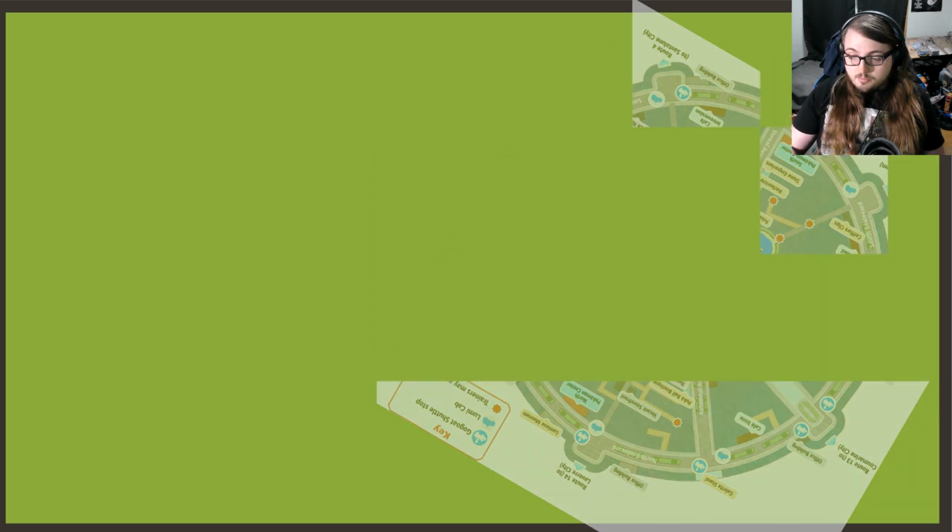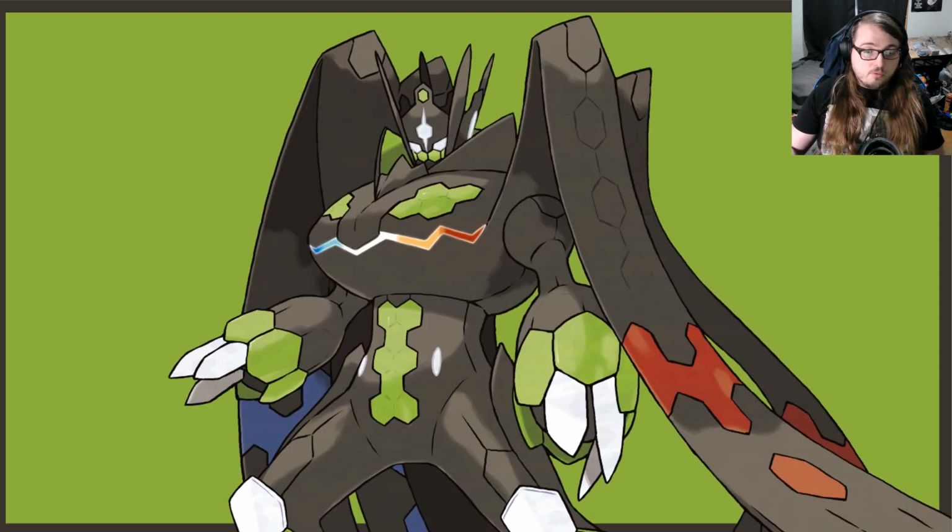Let's jump into the next point, which is Zygarde. Another point that I can make is that we also have the prism sort of on Zygarde here. We got the red, we got the orange, we got the blue. There's no light blue on the prism, but we also have white, which is all colors.